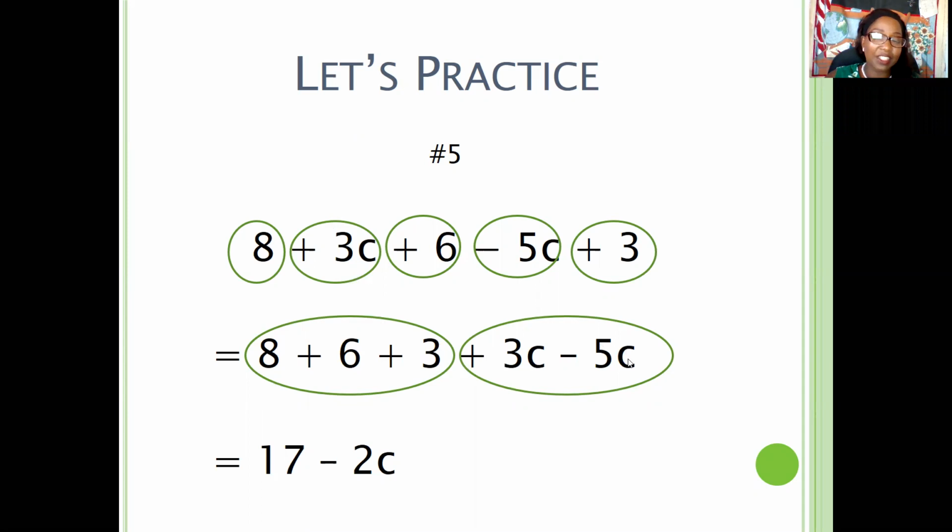And the final answer is equal to 17 because 8 plus 6 is 14. 14 plus 3 is 17. And this positive 3C minus 5C, negative 2C. This is our final answer for this expression.